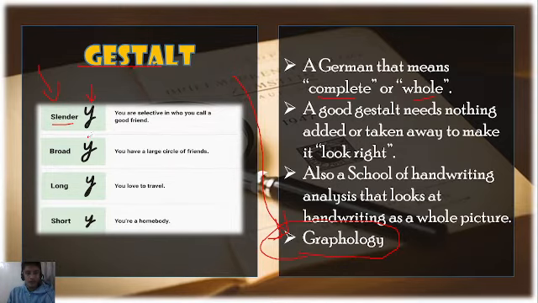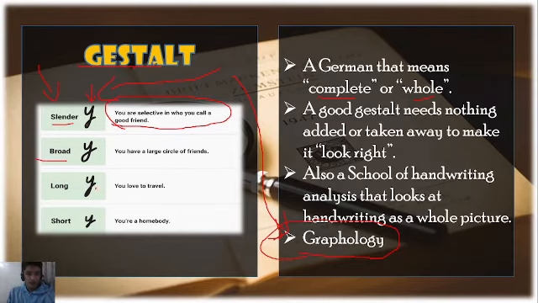Some handwriting examiners say they are selective in whom they call a friend. Masyado silang mapili ng mga kaibigan. Ganun daw yung personality of those individuals who write a slender Y.